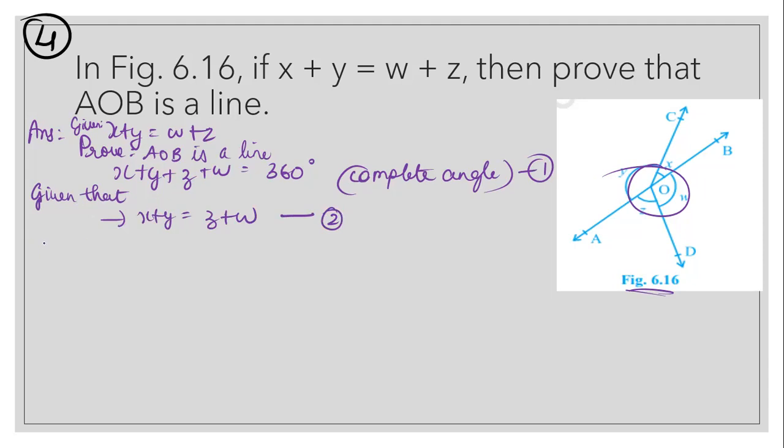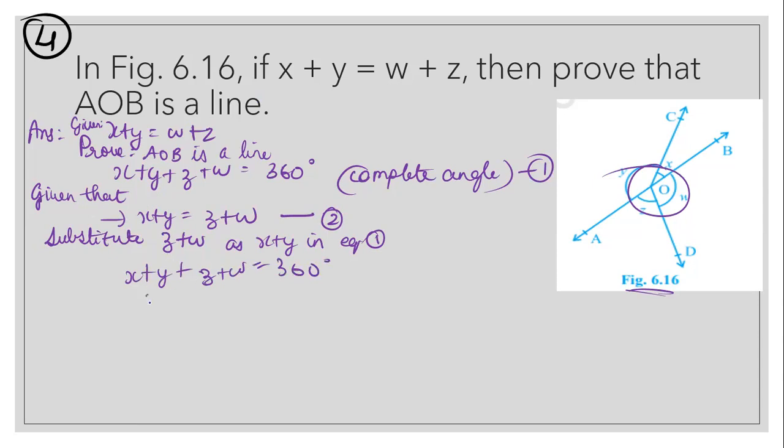Fine. So now substitute z plus w as x plus y in equation number 1. What is our equation 1? x plus y plus z plus w is equal to 360 degrees.